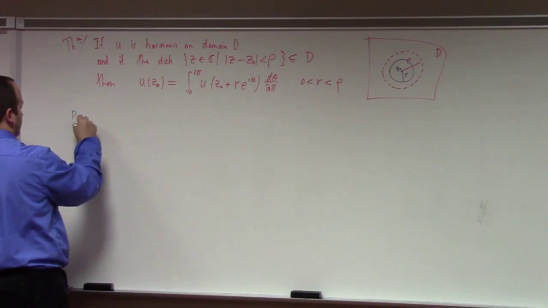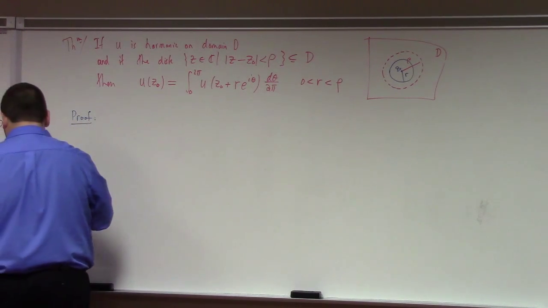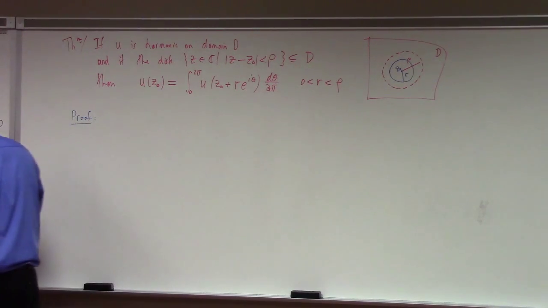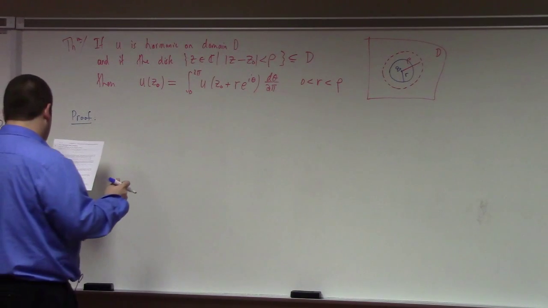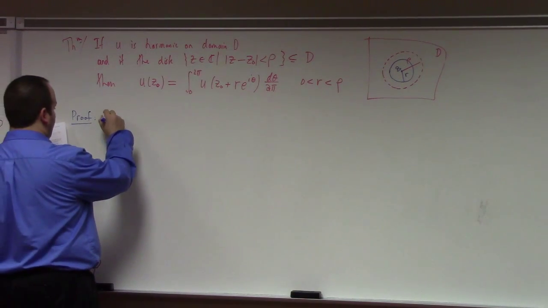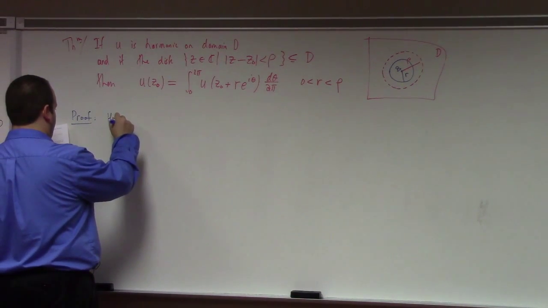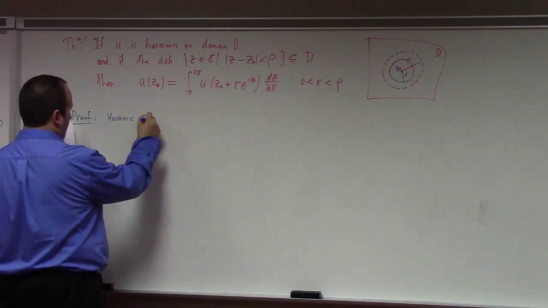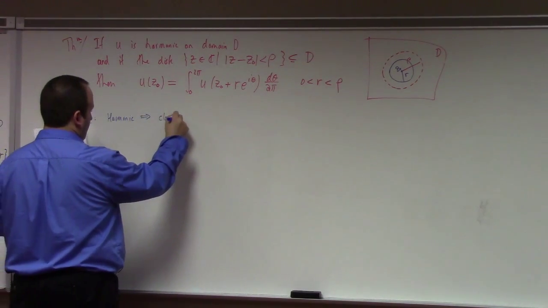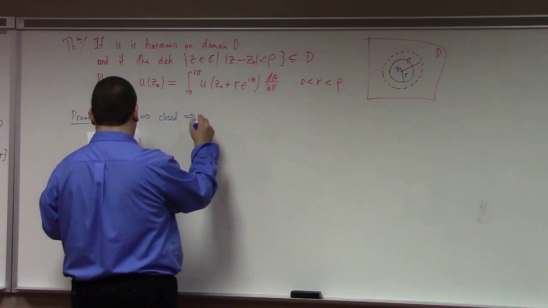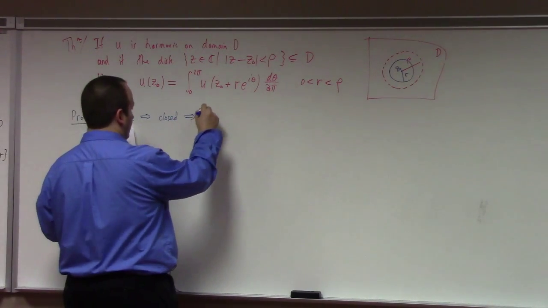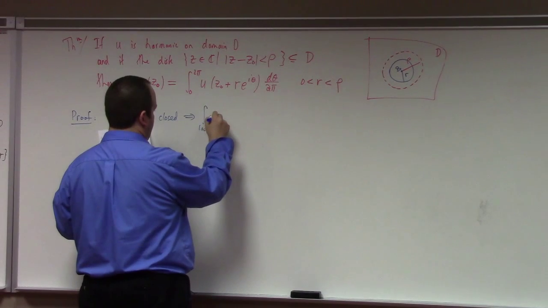Here's the proof. I think this is an interesting proof. So it's harmonic, which implies closed, and that implies that the integral around a loop is 0.